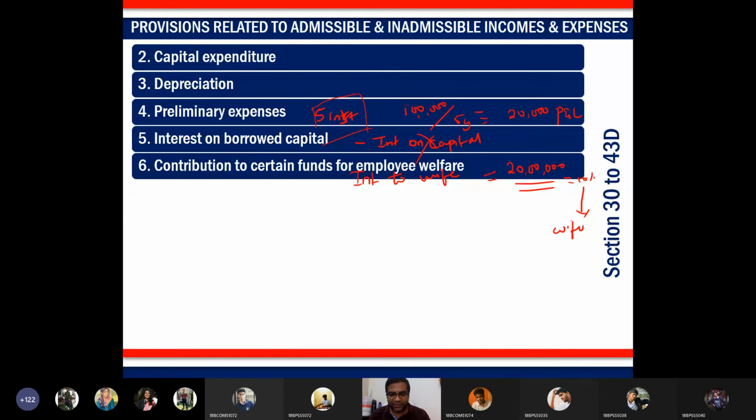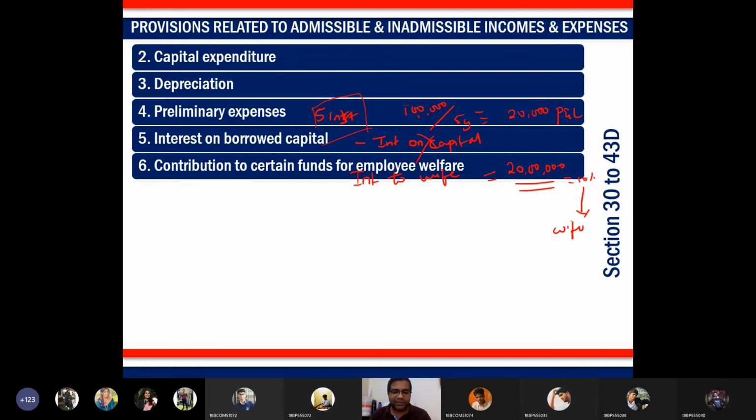In a small shop, an employee plays an important role by showing salesmanship, by converting customers into sales. So whatever you pay to an employee is considered a business expense, whether it is a commission, a salary, a bonus, or a retirement benefit like gratuity, all these are allowed, right?